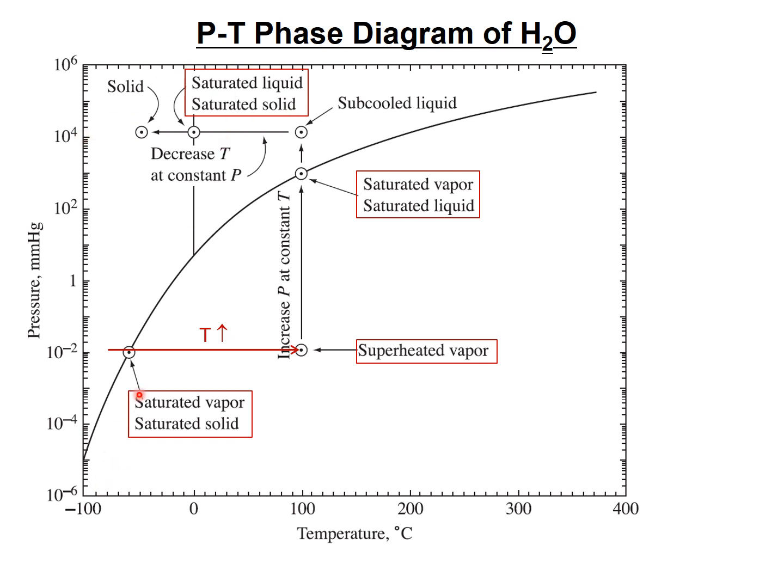Okay, so let me change some temperature. The starting point is here at minus 90 Celsius degrees and 10 to the minus 2 mmHg. Then let me increase the temperature at this fixed, very low pressure, 10 to the minus 2.